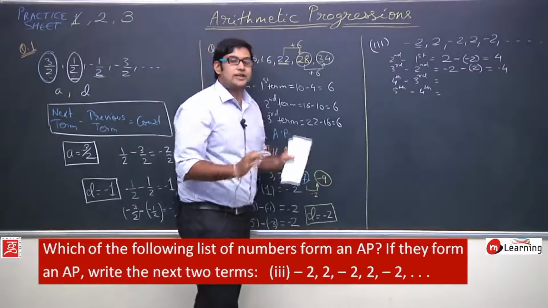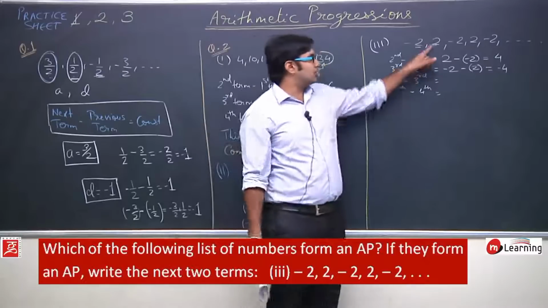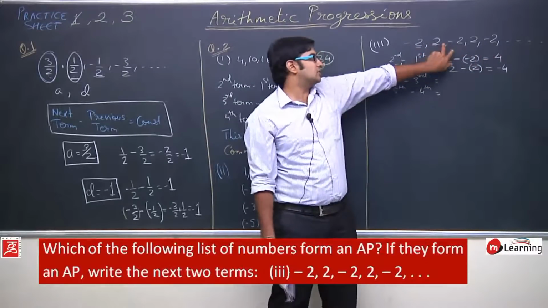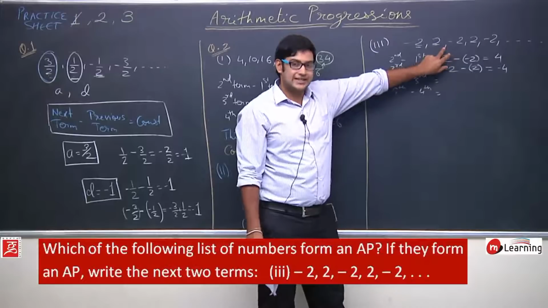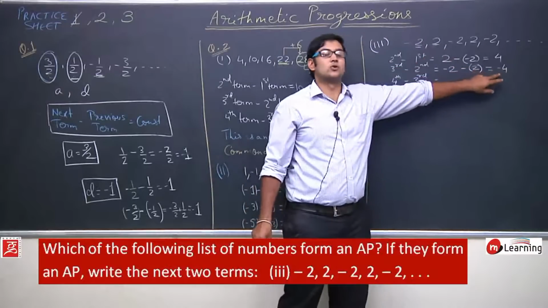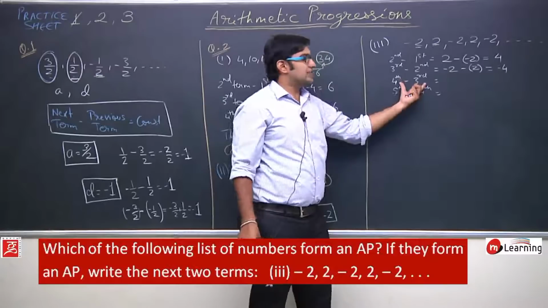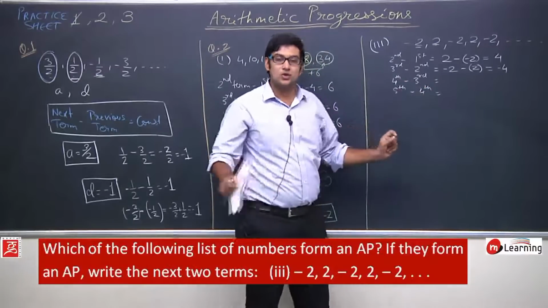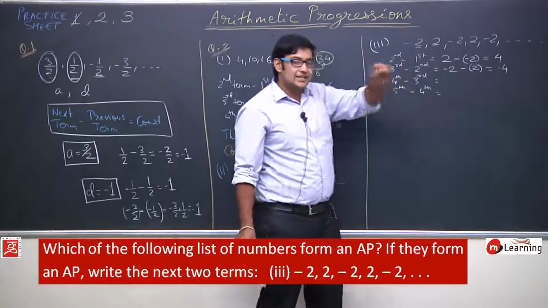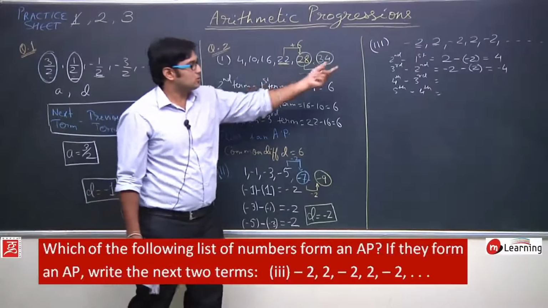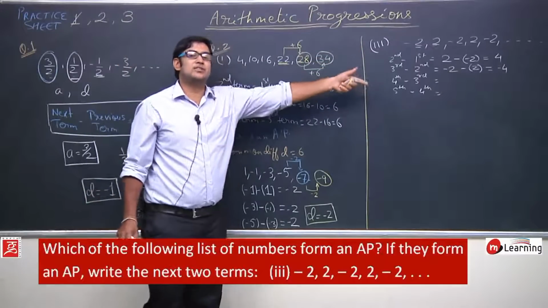Now observe this very carefully. I have got the difference of first two terms as 4 and the difference of next two terms, third and second term, as -4. So is this difference constant? Do I need to calculate these values also? No. From here I can see that the difference is not constant. The difference is 4, then after it will become -4.